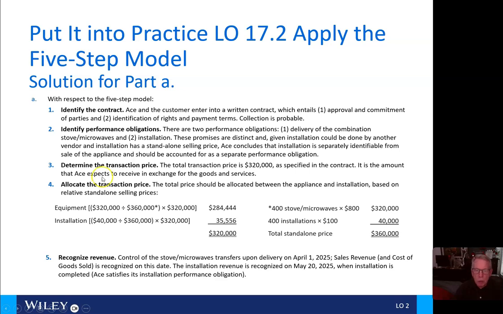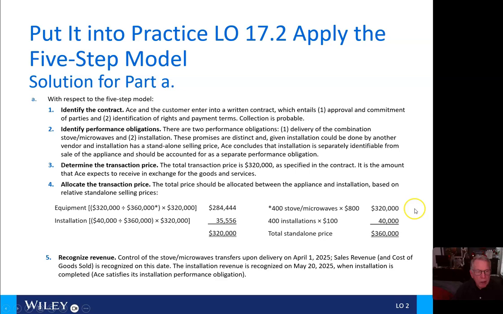And the standalone selling prices were $320,000 and $40,000, total of $360,000. So we take the percentage, multiply it by 320,000 to get 284,444, and the installation is the difference between the equipment and the total.